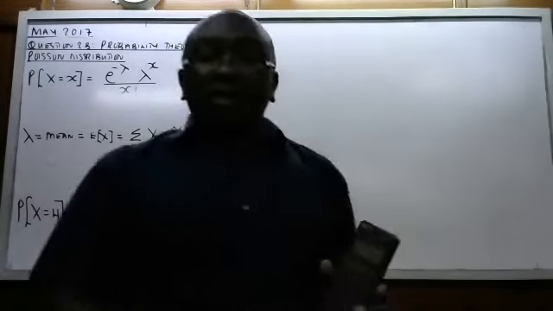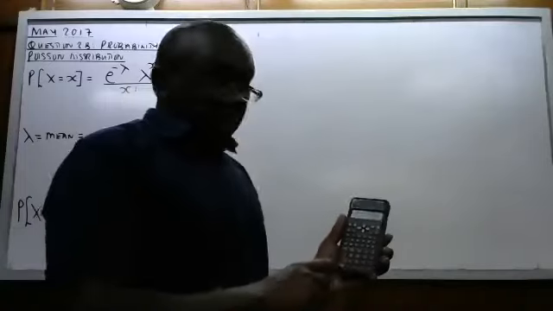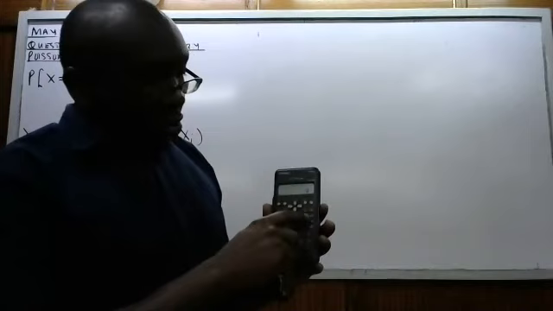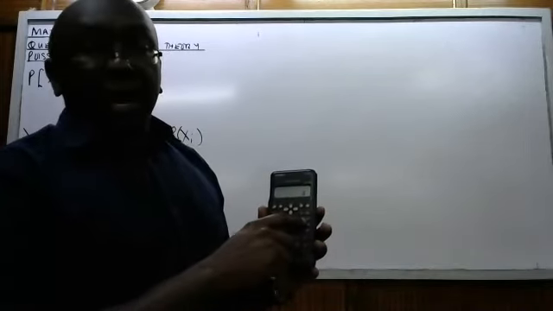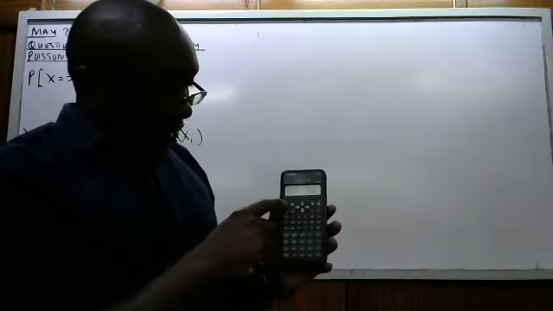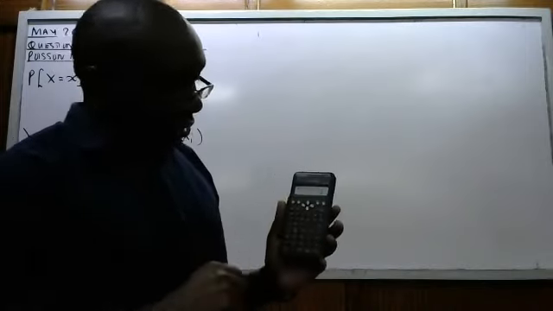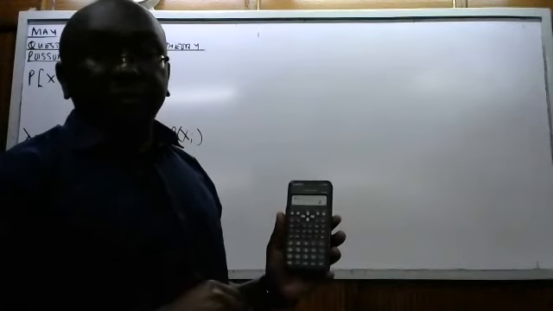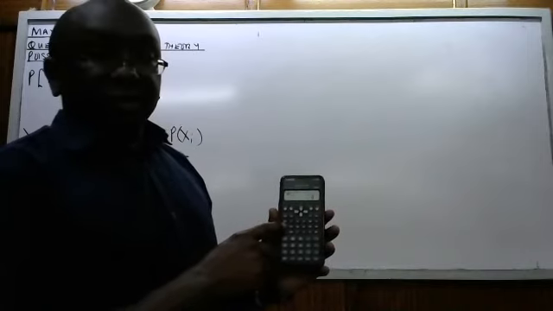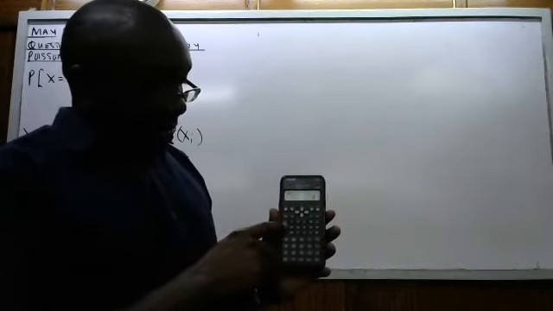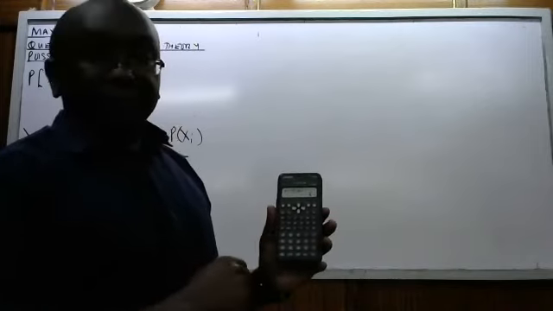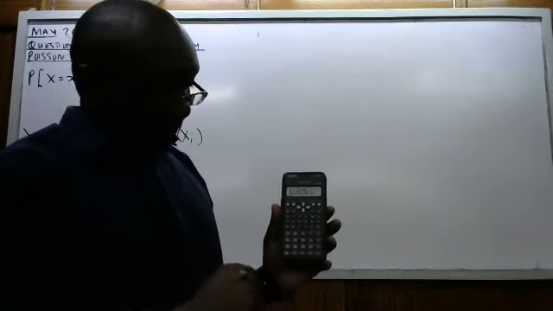So in case you have forgotten how to go about it, look at what I have here. You go to this button, ln, natural log. So first of all, you say shift natural log so that you get e on the screen. Then you press this one for the negative. e to the negative, open brackets, minus 0.45, then you say equals.